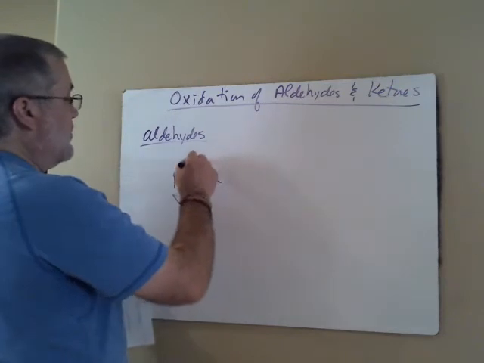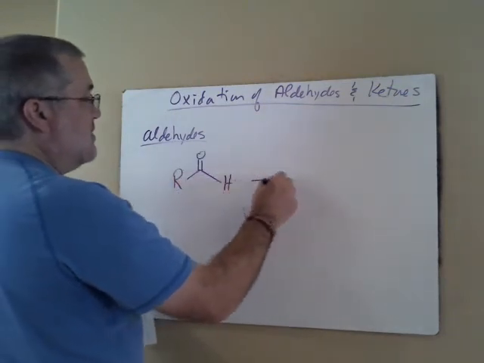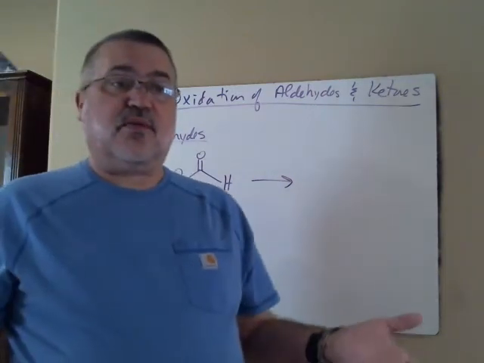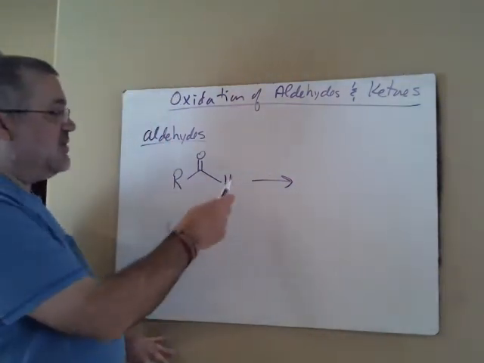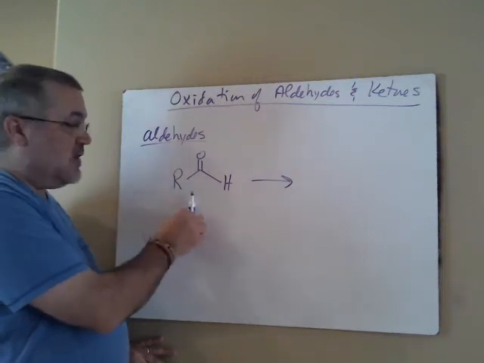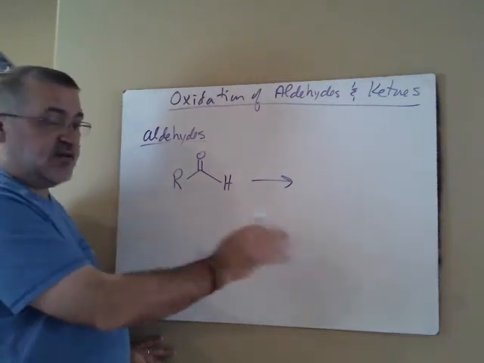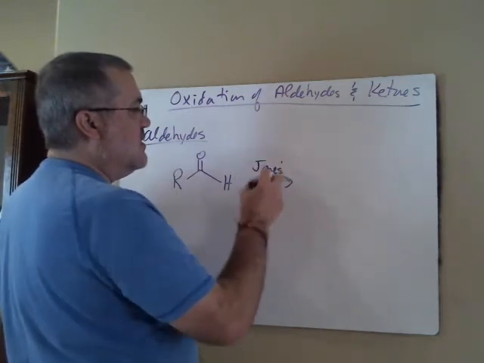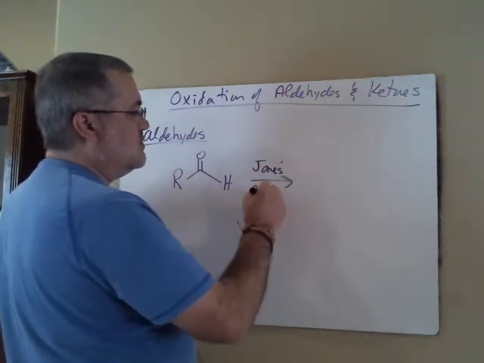So for example, if you already have your aldehyde, you can oxidize it. You can't oxidize it with PCC, because remember, PCC only oxidized a primary alcohol to the aldehyde. It didn't oxidize it further. So you would have to use Jones's reagent.